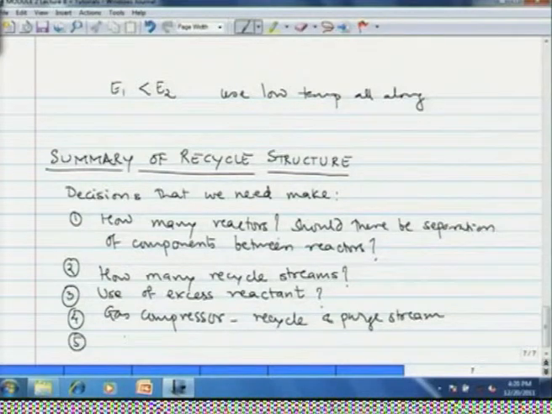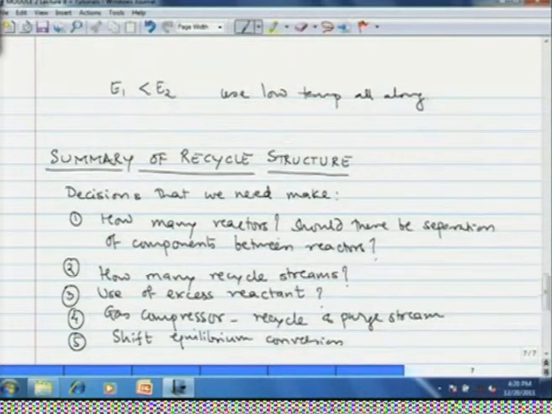Then we saw the equilibrium limited processes or the processes with equilibrium reactions, and then we saw how to shift the equilibrium conversion for the favorable product. And finally, we saw some basic guidelines of reactor operation.